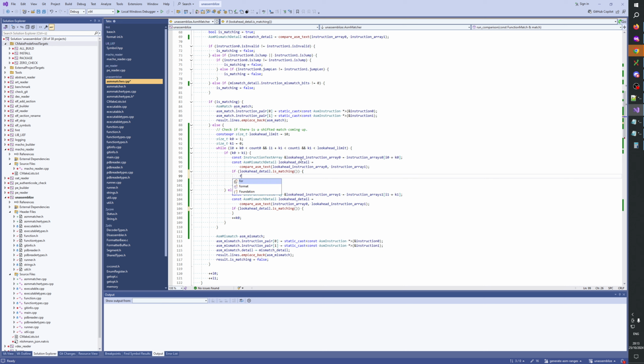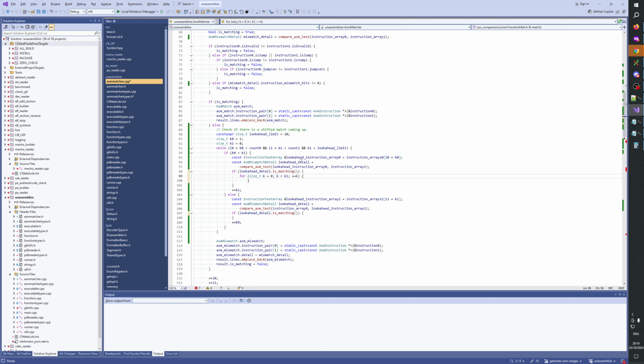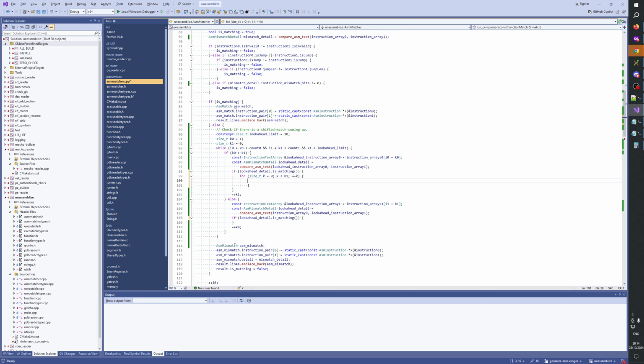I think I have the idea. So we say for size_t k equals 0, k smaller than k1 plus k, and then we create ASM mismatch.